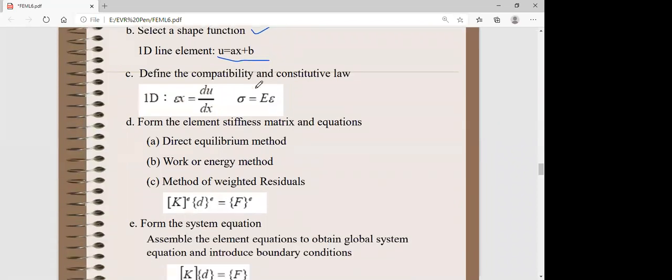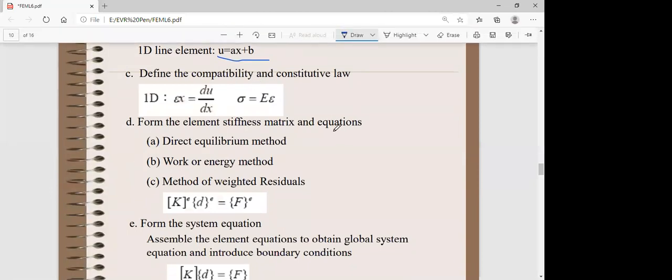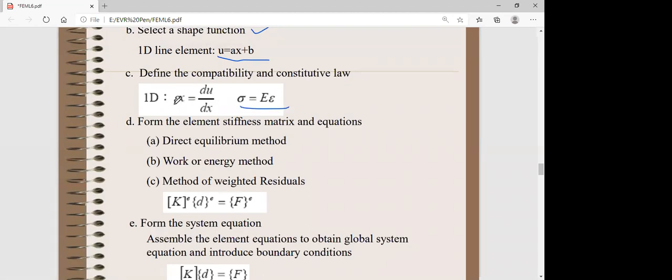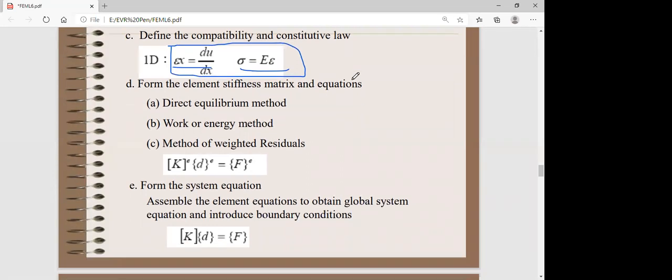Later we define the compatibility and constitutive laws, that is, the stress-strain relation and strain-displacement relations, which are called constitutive laws or compatibility relations.